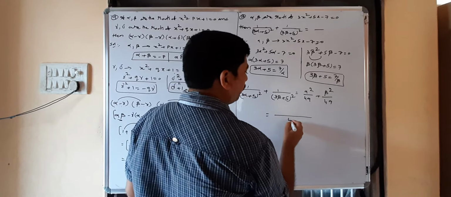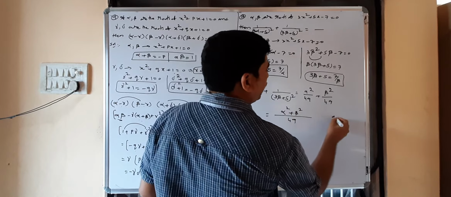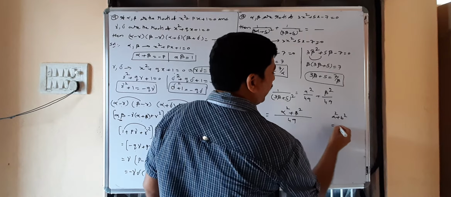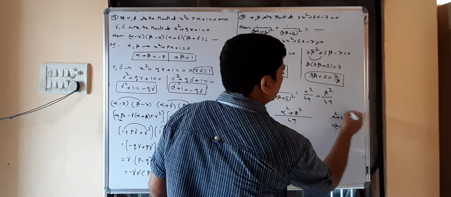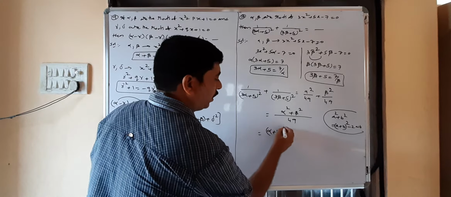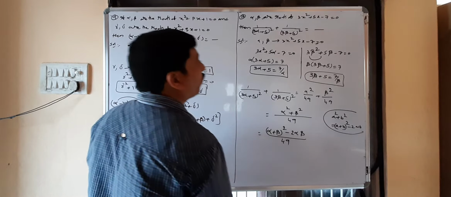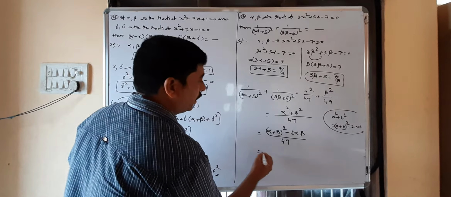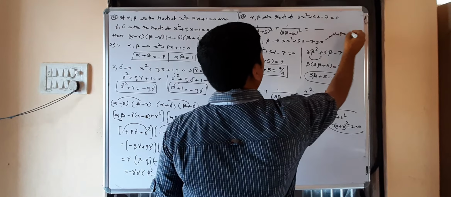49 LCM. Alpha square plus beta square. A square plus b square can be written as (a plus b) whole square minus 2ab. So this is (alpha plus beta) whole square minus 2 alpha beta by 49. From the equation, sum of the roots alpha plus beta is minus 5 by 3.